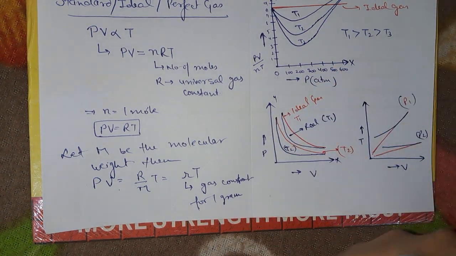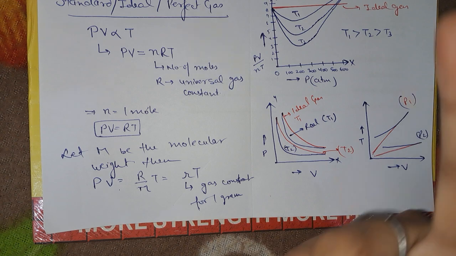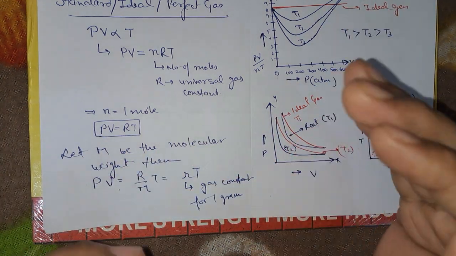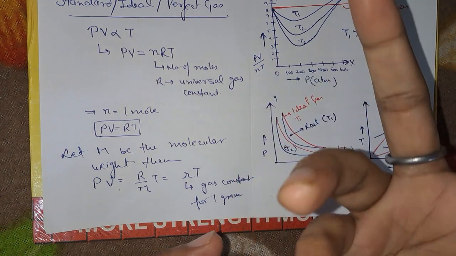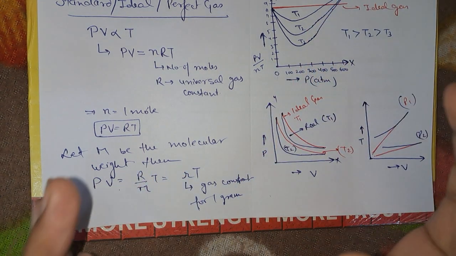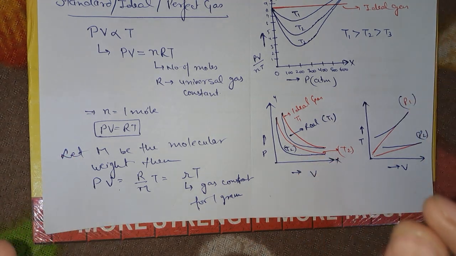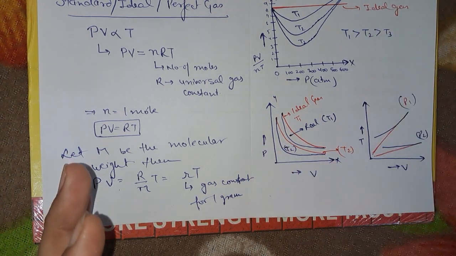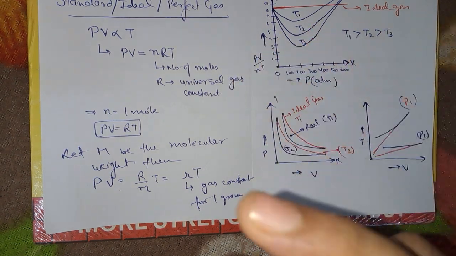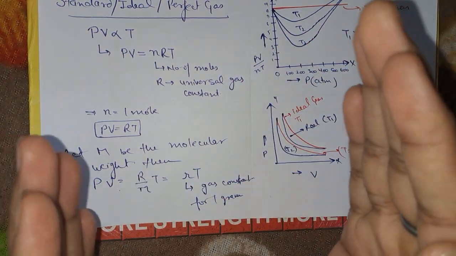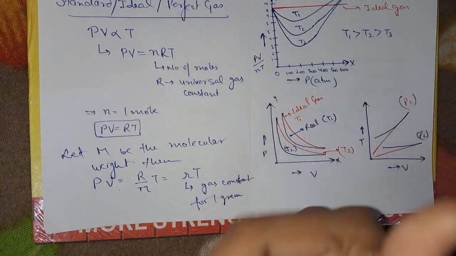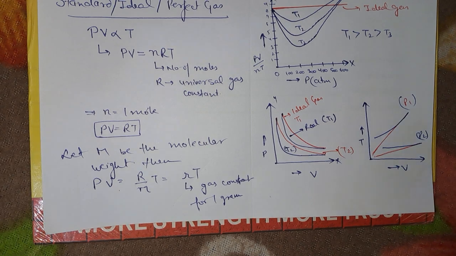But as the temperature decreases and pressure increases, the interaction between the molecules is clearly observed. Why? Because we have considered that an ideal gas has no force of attraction or repulsion. So when pressure is increased and temperature is decreased, molecular interaction begins, and therefore it deviates the behavior of the normal gas.